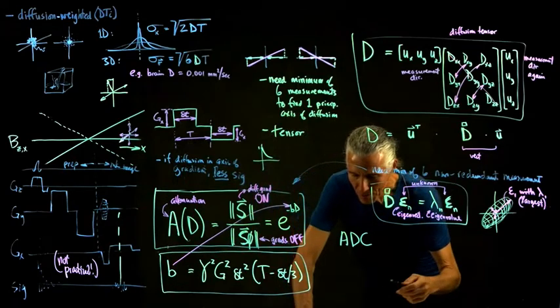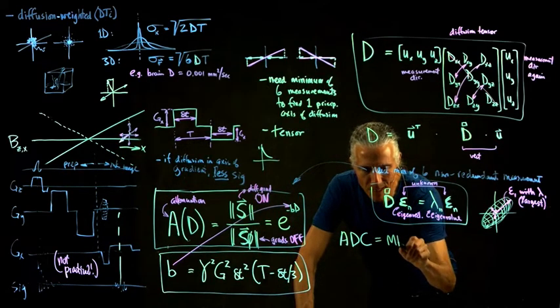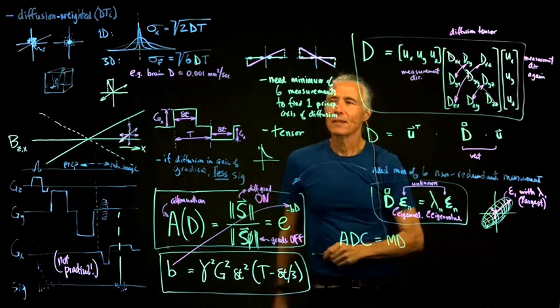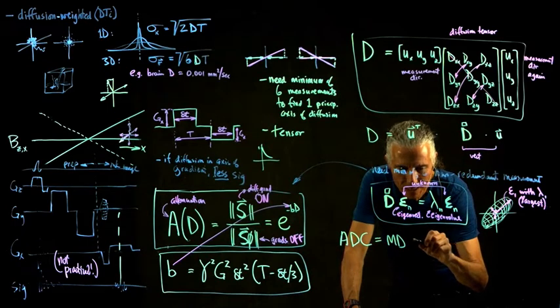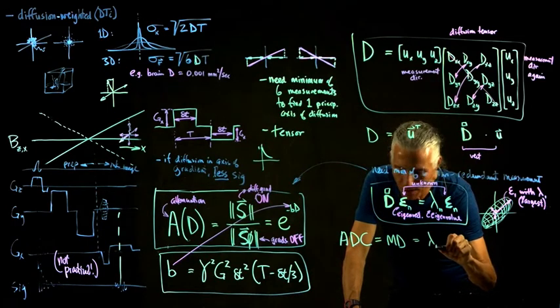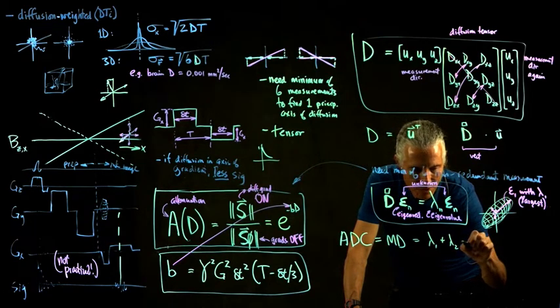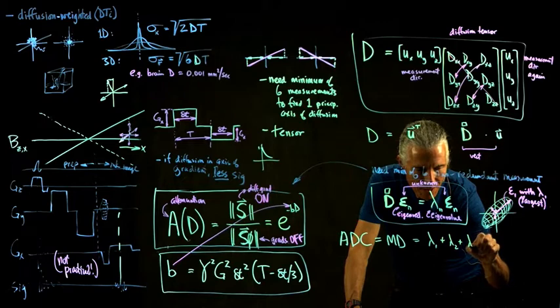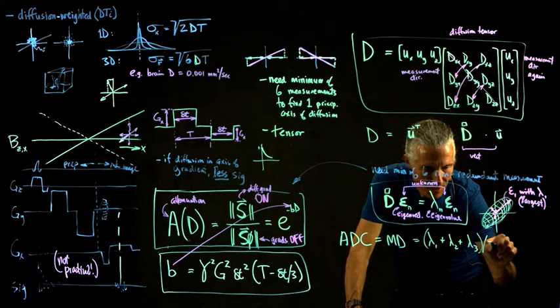It's sometimes called the mean diffusivity. It's basically just the average of the 3 eigenvalues. So these numbers, divided by 3.